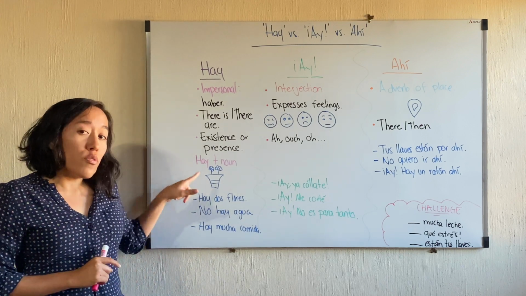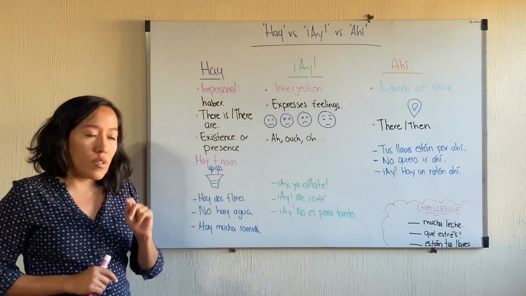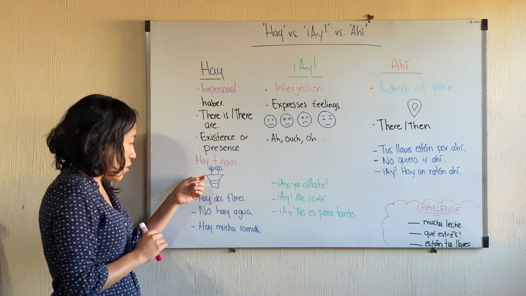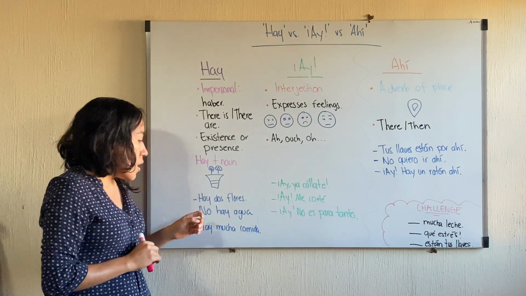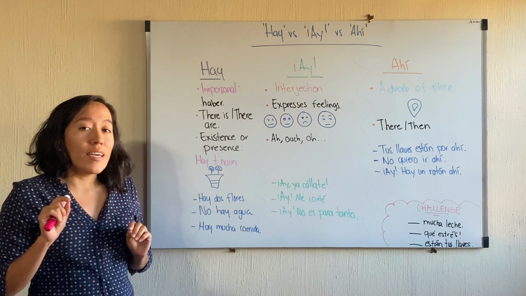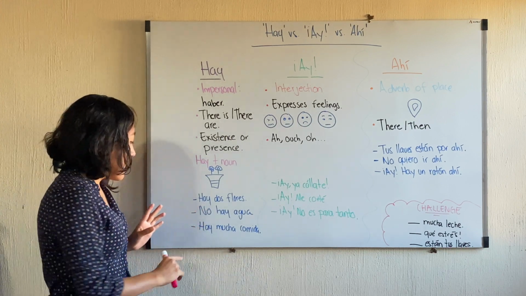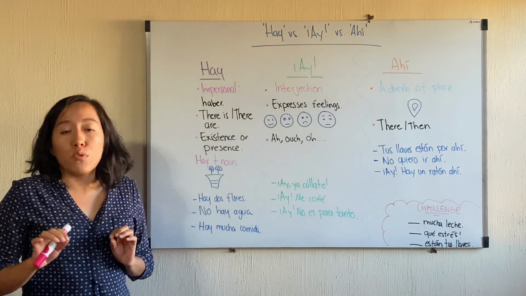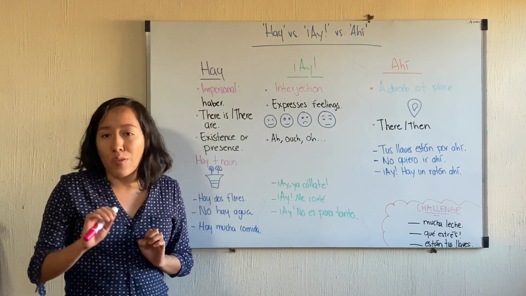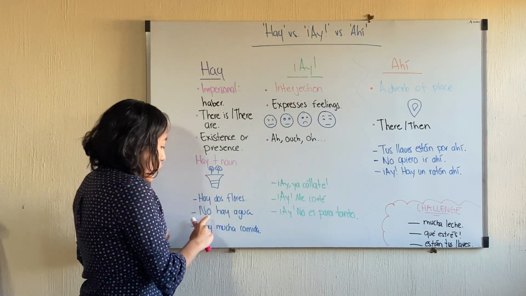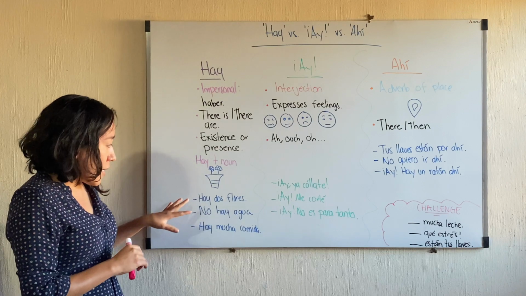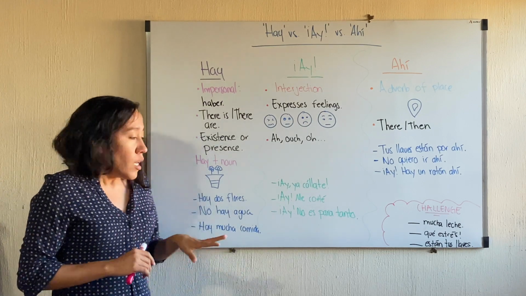Hay dos flores. There are two flowers, and you can see the flowers here on my little drawing. The second one, no hay agua. There is no water. Hay mucha comida. There is a lot of food. I want you to compare example 2 against 1 and 3.